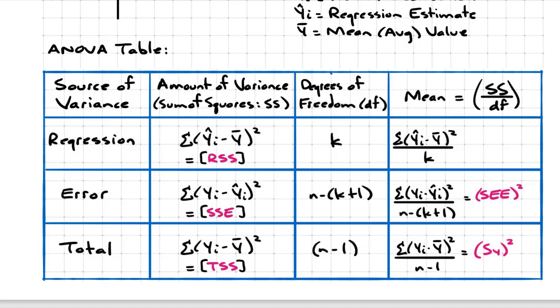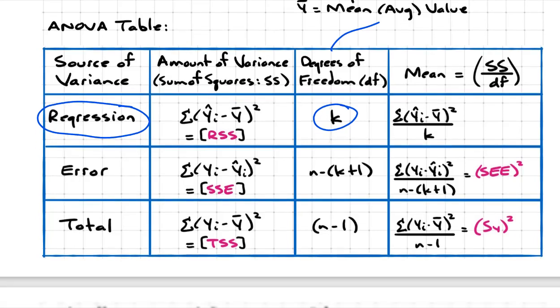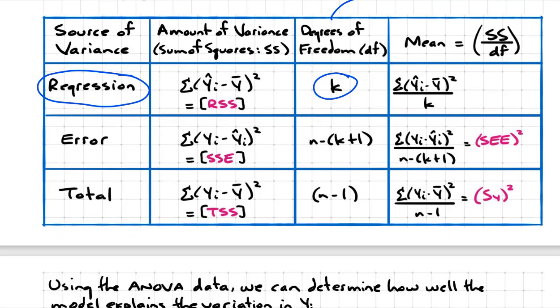Now this next column is called degrees of freedom. And when you're looking at the regression, you have to specify how many independent variables were in the regression. So if it's a simple regression, there's only one independent variable, so k would equal 1. For the errors, the degree of freedom is, rather than saying n minus 1, it's n minus k plus 1, which really works out to n minus 1 minus k.